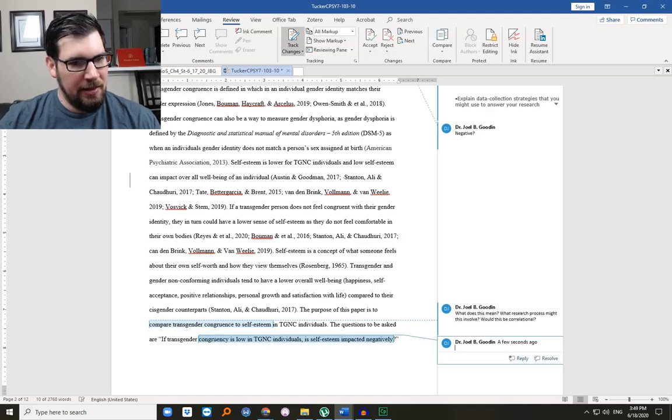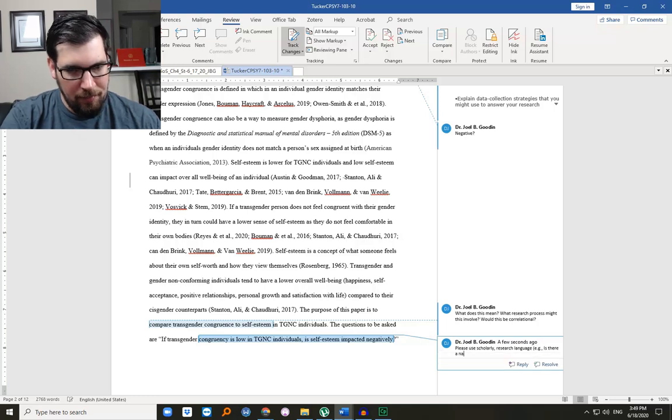And here I'm going to encourage them to use scholarly research language. Is there a negative relationship between X and Y?